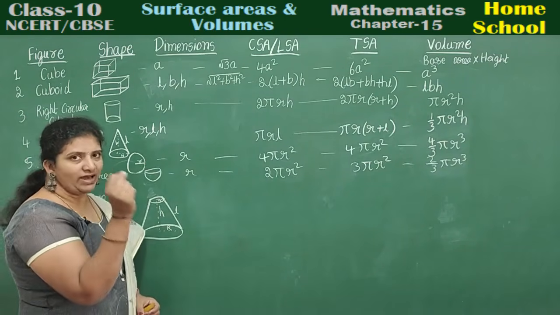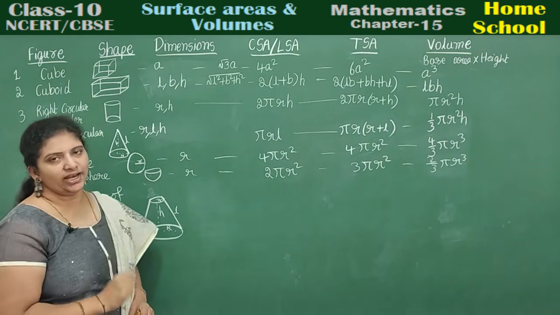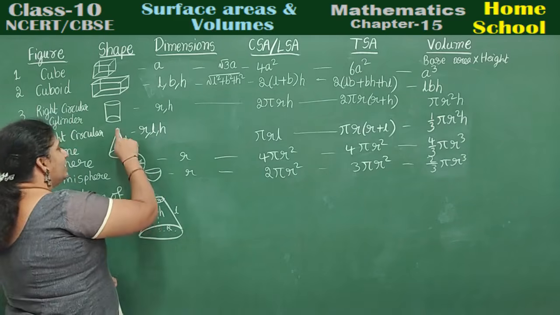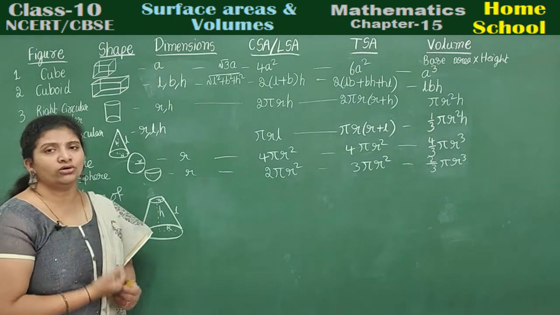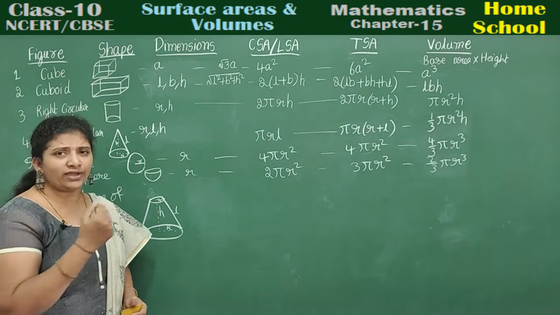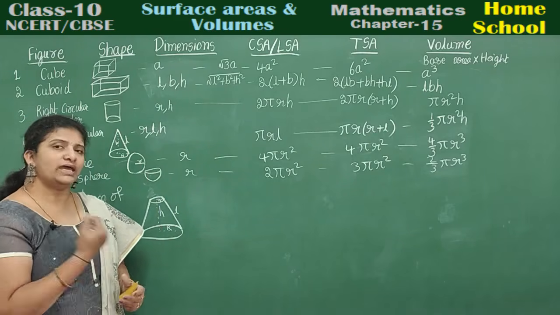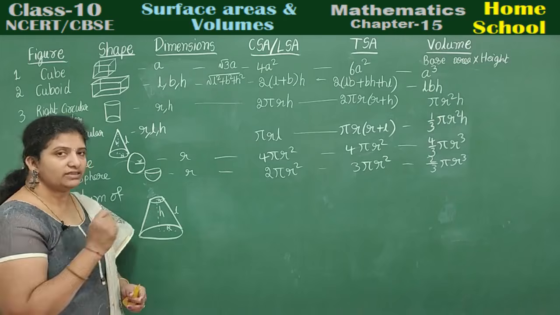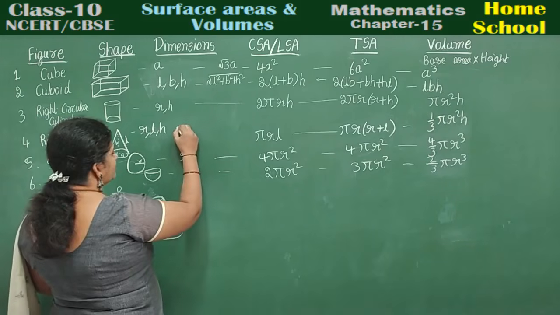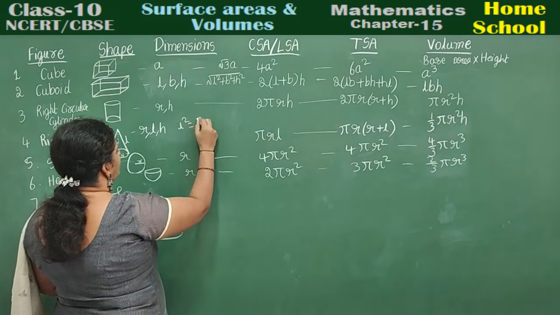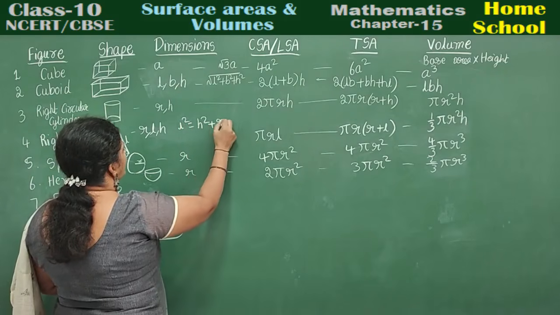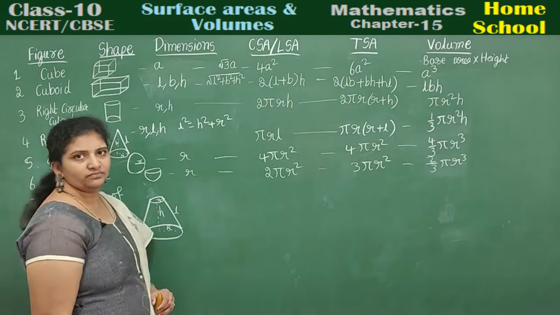I forgot one step in the right circular cone. Let us deal with that one. In some problems they won't give the slant height, and you need to calculate the slant height to find the curved surface area. How can you find the slant height? There is a formula: L square is equal to H square plus R square.